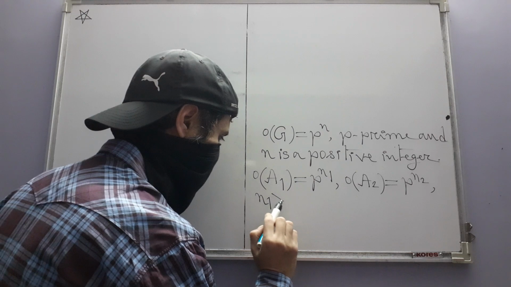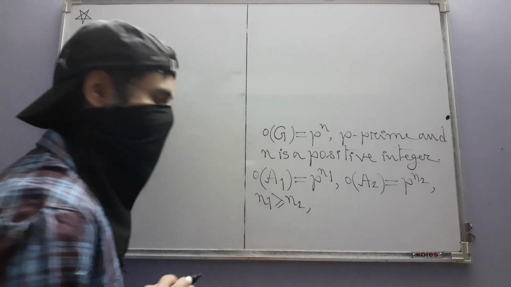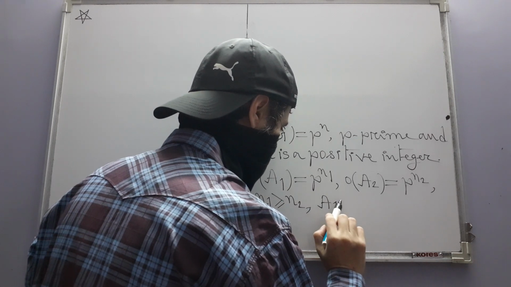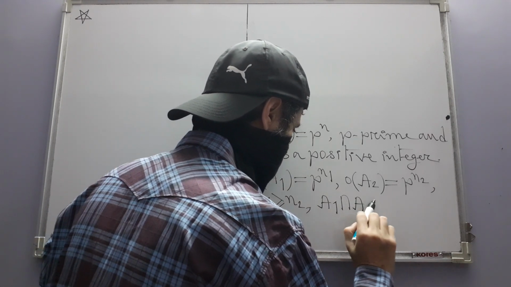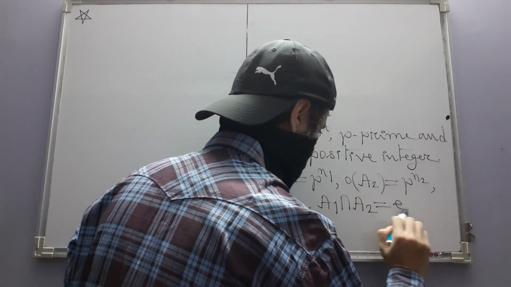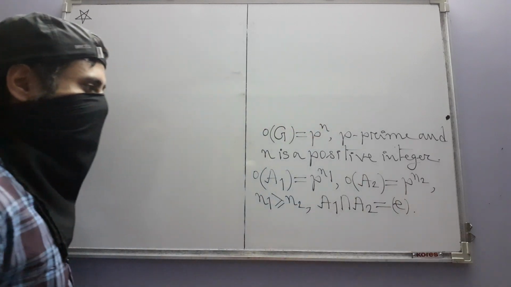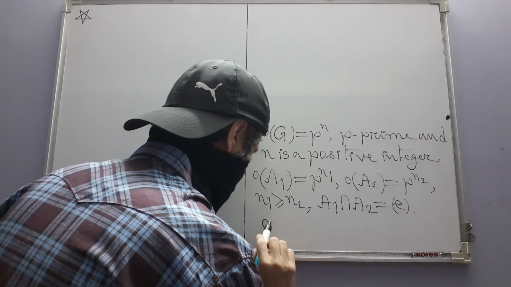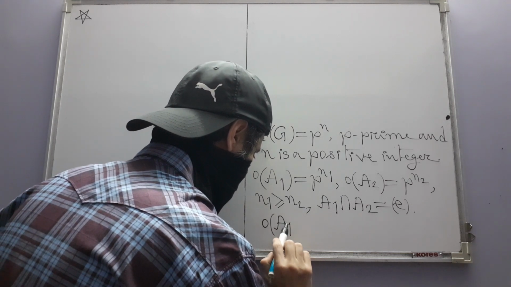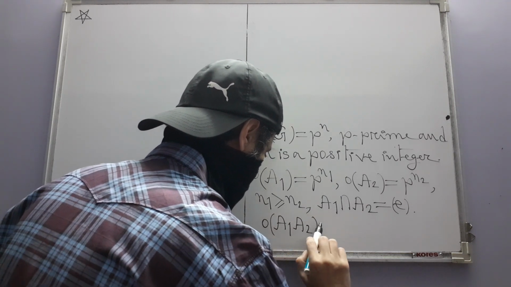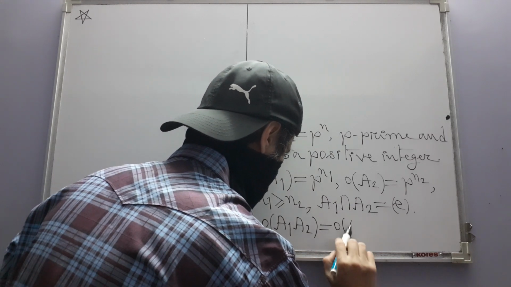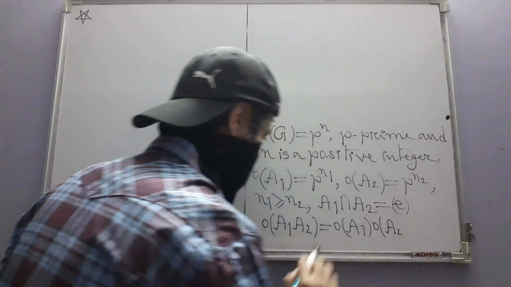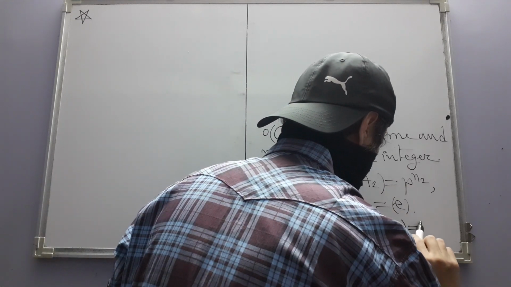Moreover, n1 is greater than or equal to n2, and A1 and A2 are intersecting trivially, so that the order of the product A1 A2 is equal to the product of their orders, and this becomes this.